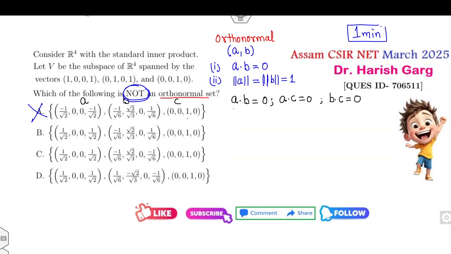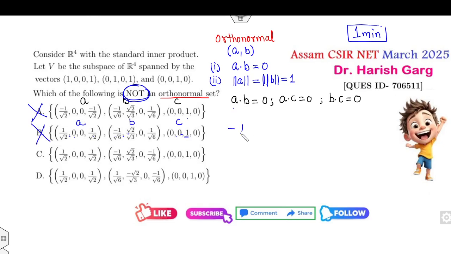Look at the second one, A, B and C. A dot B is 1 minus 1 by root 12, 0, 0, plus 1 over root 12, satisfied. B dot C satisfied, C dot A satisfied. Again you can see the norm is already satisfied. Look at the third option.